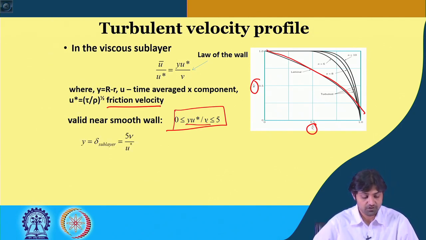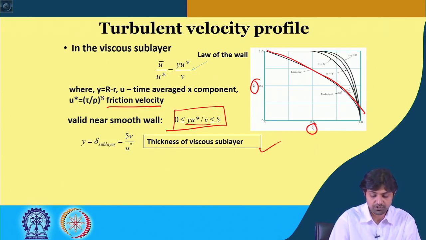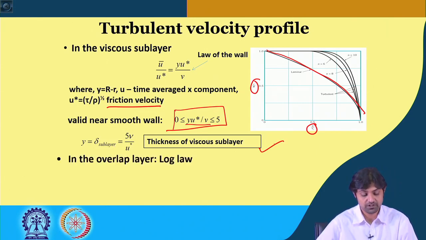So the thickness of the laminar sublayer can be written as 5 nu by u star. This is important to remember.